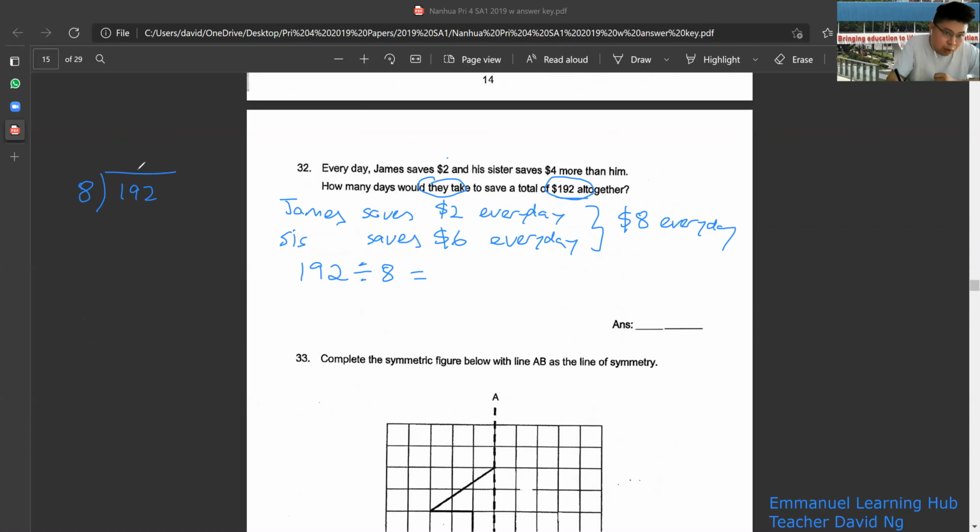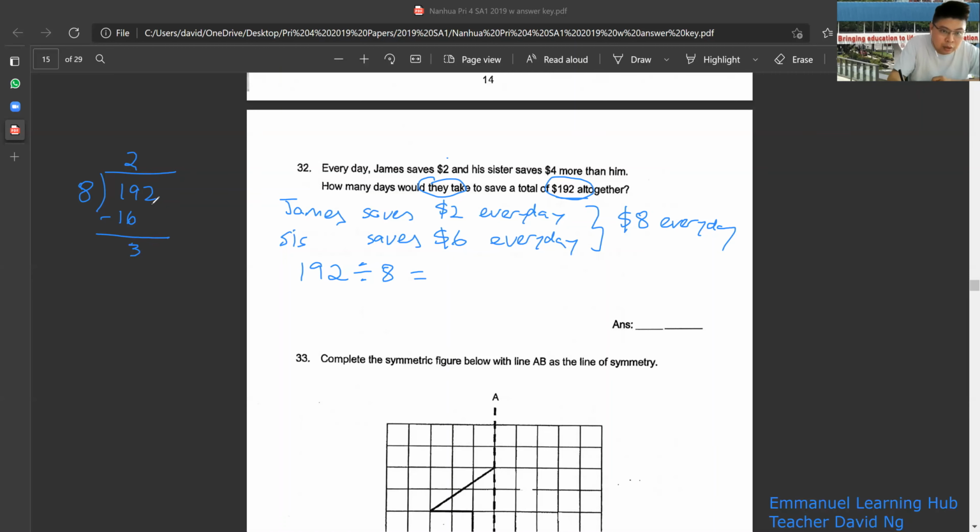You know how to do this? Okay, dividing now, let's do together. 19 divided by 8 is how many? 16. 19 divided by 8 is 2, not 16. Put 2 on top, then put 16 below. Then you put 19 minus 16 equals how many? 3.